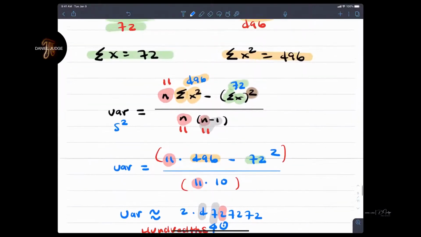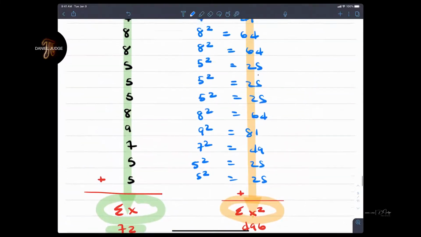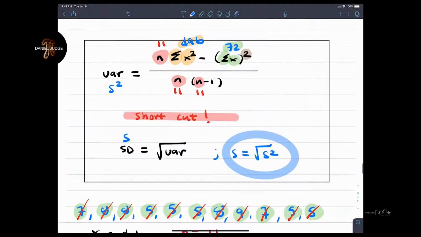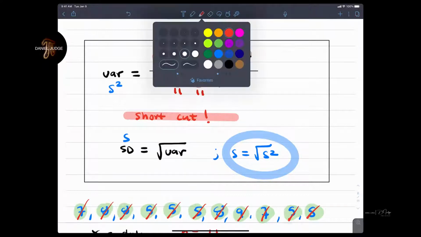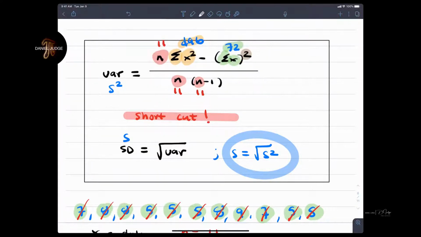It's the shortcut formula. So if I go back and we say, okay, how do we get then the standard deviation? Well, once you get this variance, I'm going to erase all this. But once you get the variance, ladies and gentlemen, you're going to get the standard deviation. Here's the variance.